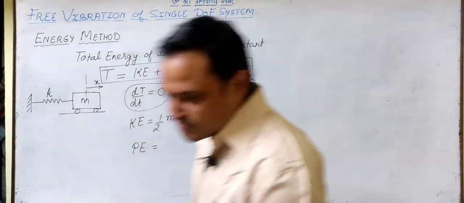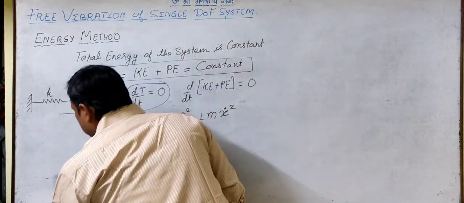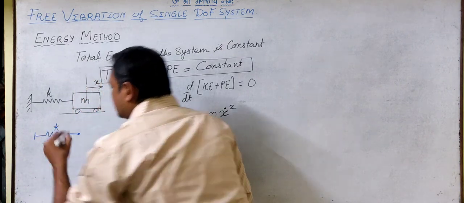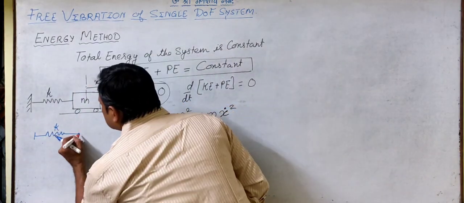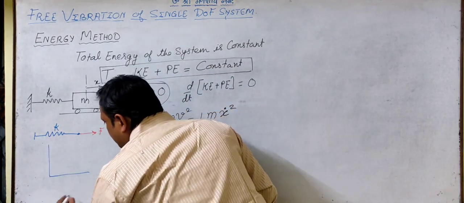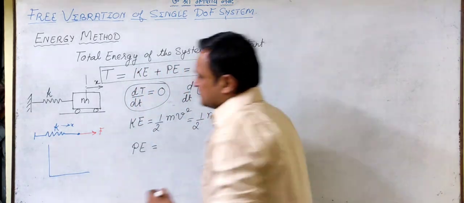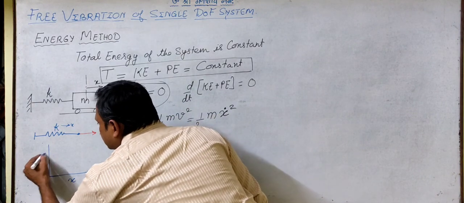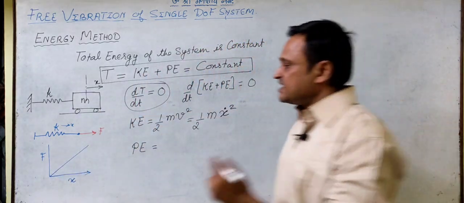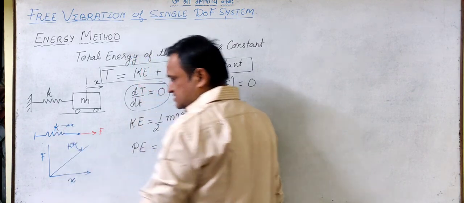So this will be equal to, if you remember, for a spring having k as the stiffness and subjected to some force, if we plot the graph between the displacement or expansion of the spring, that is x, with F, we get this as a straight line, where the slope will be k, right?